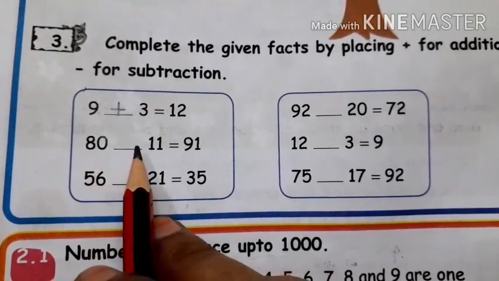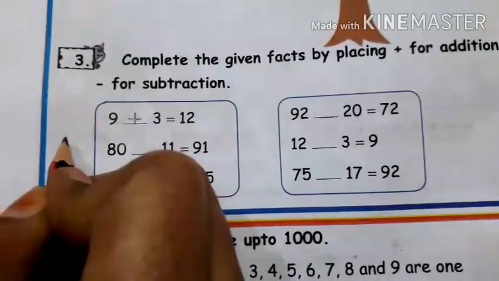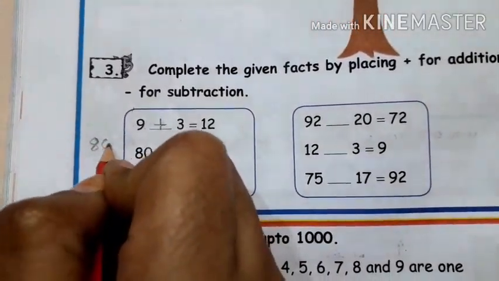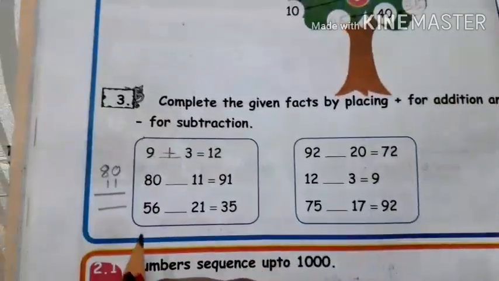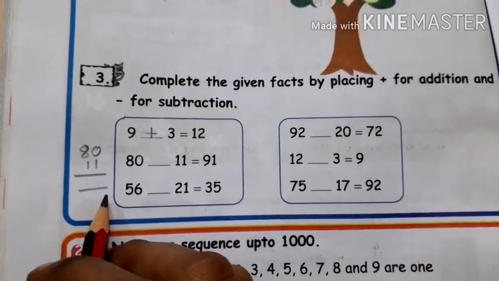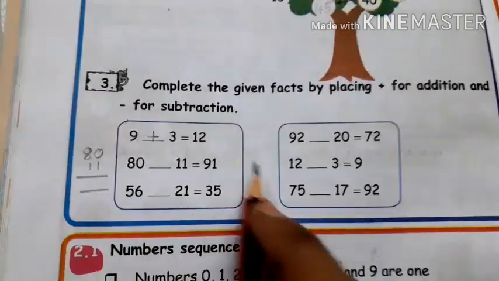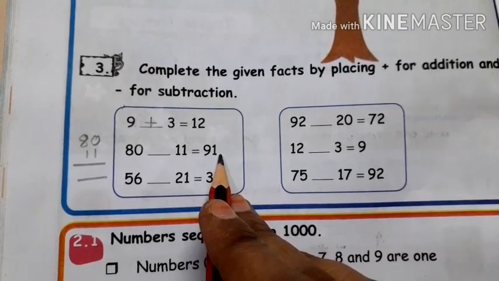Then 80, 11. So what do you have to do, whether it is plus or minus? First you have to do plus. Suppose the answer is wrong, then go to subtraction, minus.